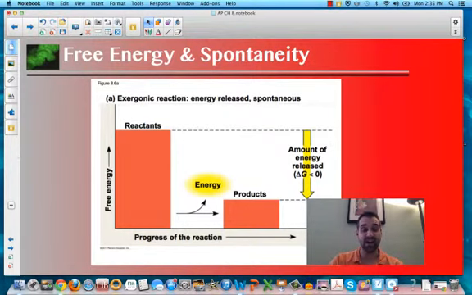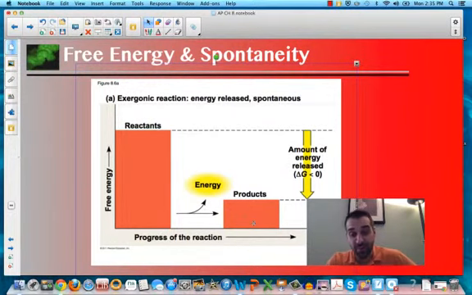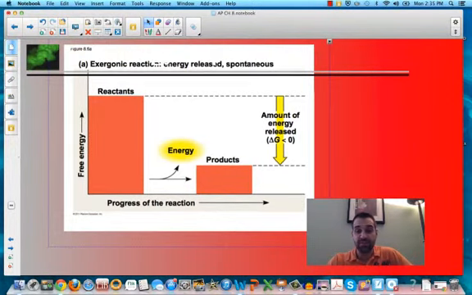At the end of this reaction, you can see that energy is released here. This is an exergonic reaction, and the energy of the products is less than the energy of the reactants. And you can see that the decrease in free energy, or the amount of energy released, gives us a negative delta G.